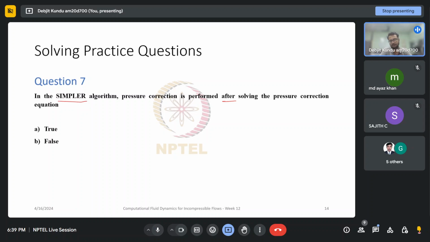Is it option A true or is it option B false? You can type in the chat box or you can unmute and answer as well, however you feel comfortable.